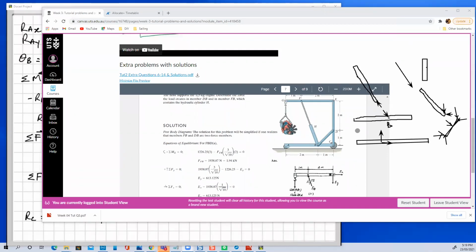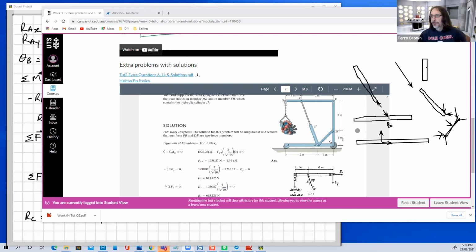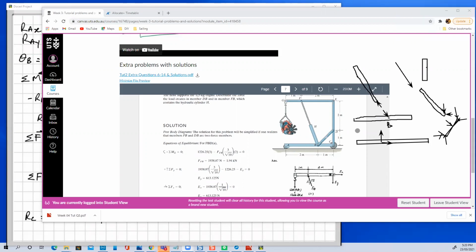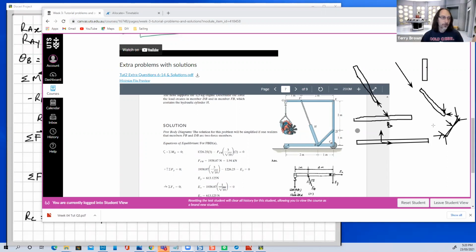When you say it's not solvable, would it really still be solvable with a computer or using matrices? Or is it actually not solvable? If it's what we call statically indeterminate, you end up with too many unknowns. So you might end up with 4 unknowns.